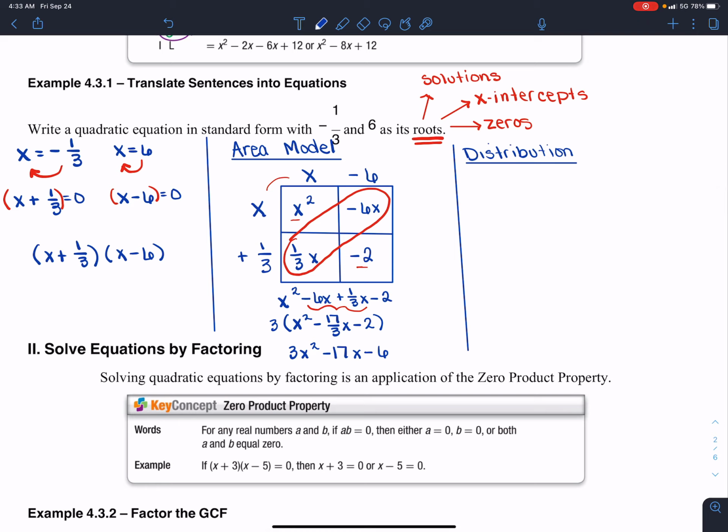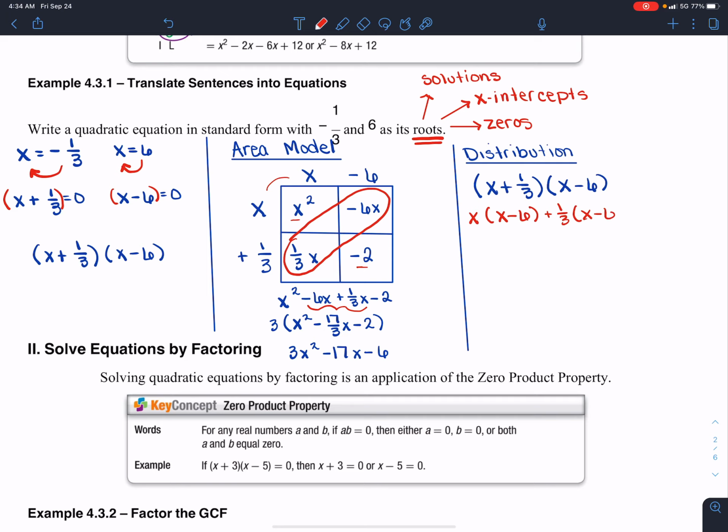Now I'm going to do the same values, but this time I'm going to use distribution. All right, so distributing, I'm doing x times x minus 6, and then we're doing positive 1/3 times x minus 6.